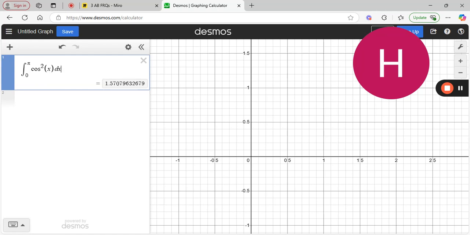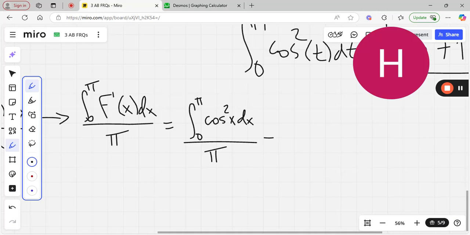Dx. Since there's only one term, I don't need the parentheses here, but just remember that you could potentially need parentheses if you have several terms and stuff like that. Okay, and big surprise, 1.5707. So our approximation was actually rather good. Now we have to divide all of this by pi. 0.5. Wow. So the average value is 0.5.